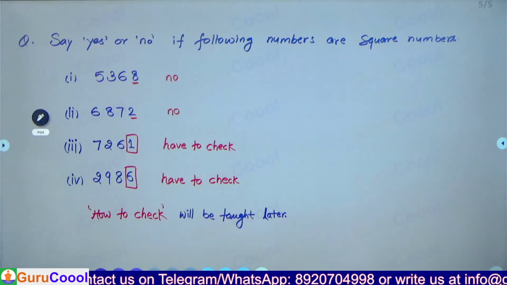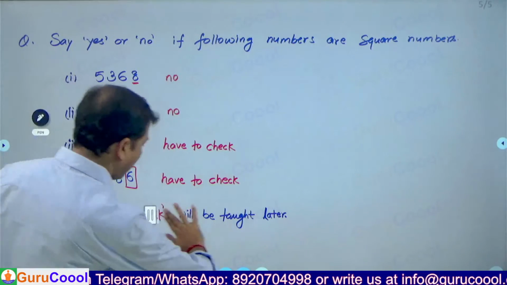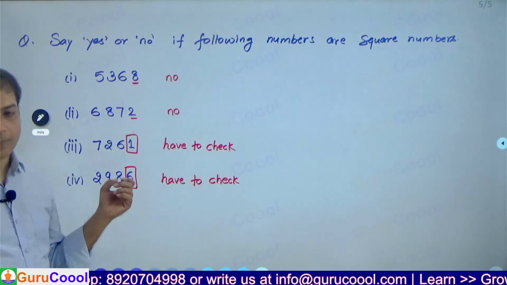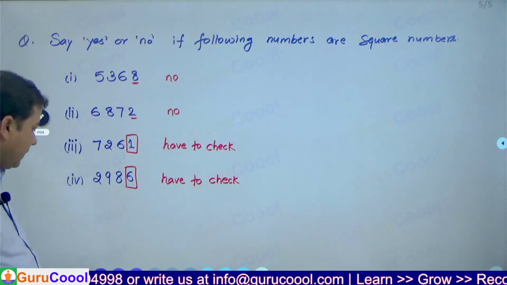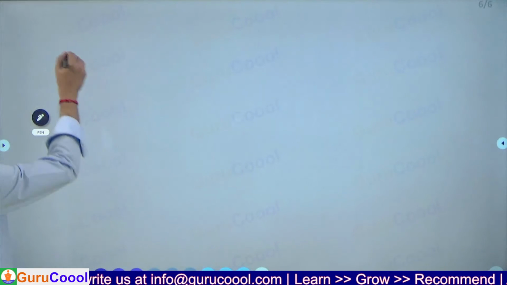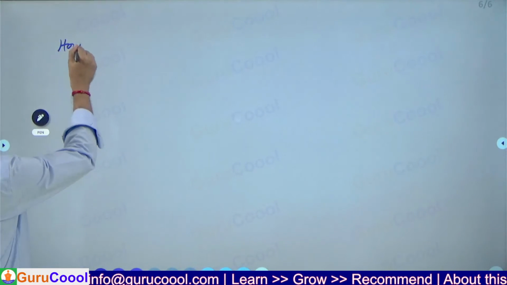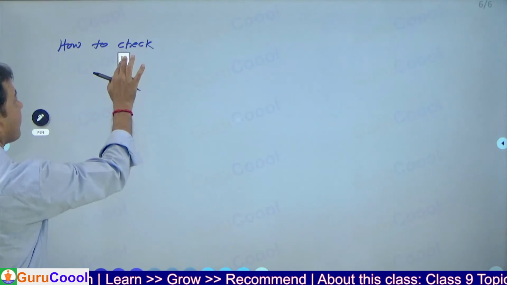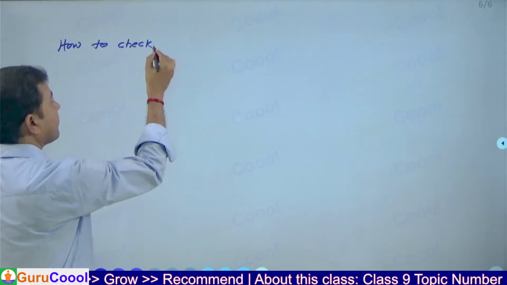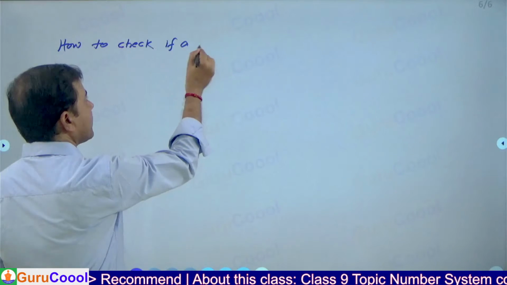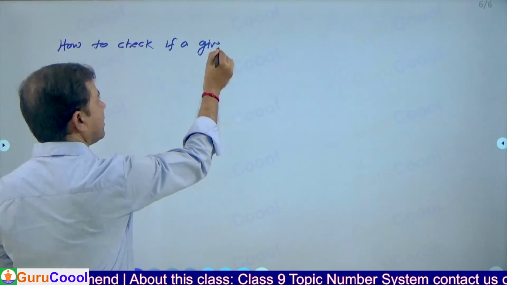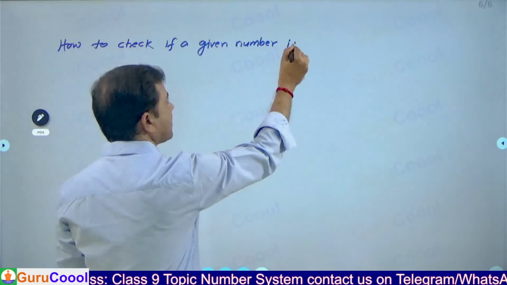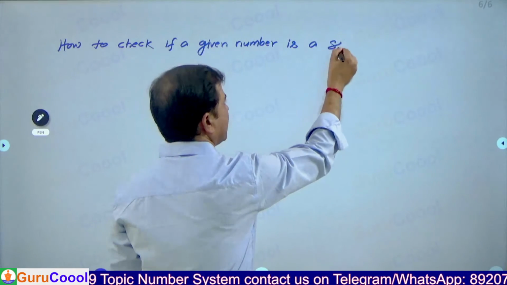Or let's do it now, not later. How to check if a given number is a perfect square, I mean a square number.